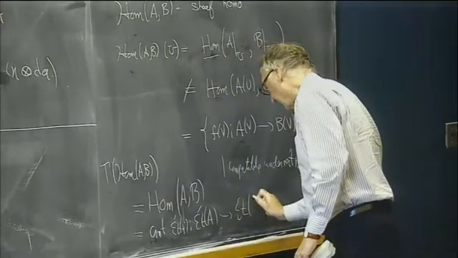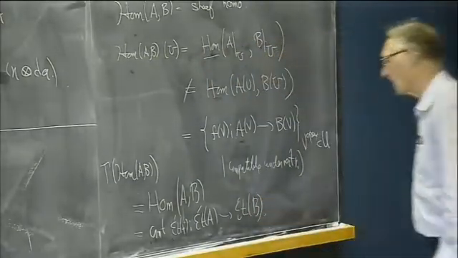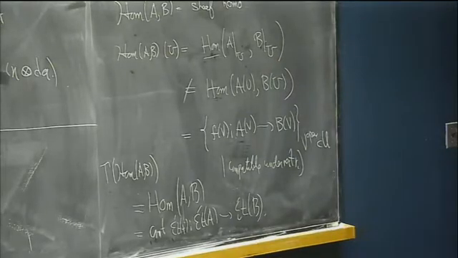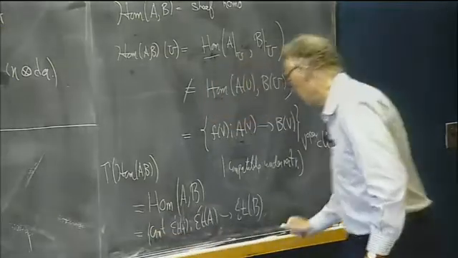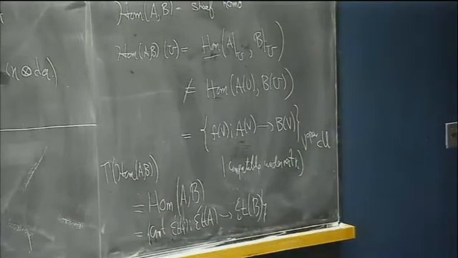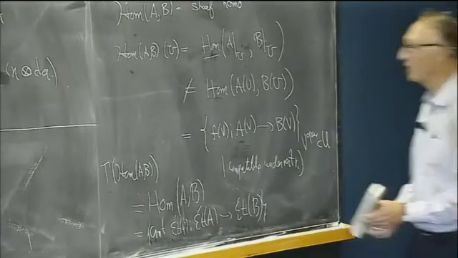Continuous and additive on each stalk. The collection of continuous maps. So those are the global sections.